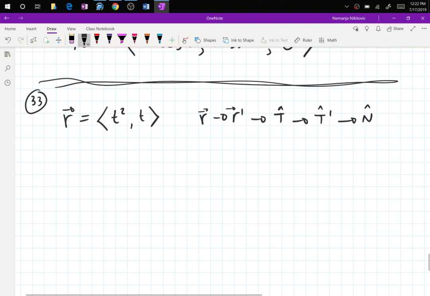Remember that thing from the CEO. I was sitting thinking about the right one, and then t hat, that's the unit tangent next to it, the vector of the tangent line at that point.